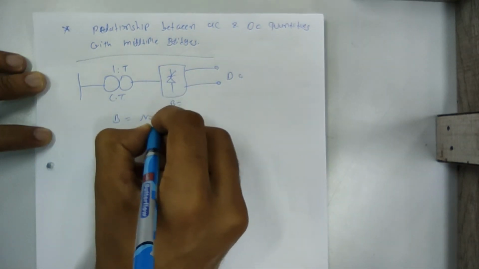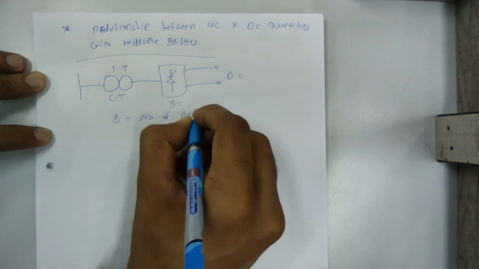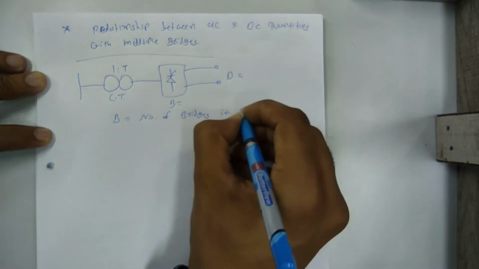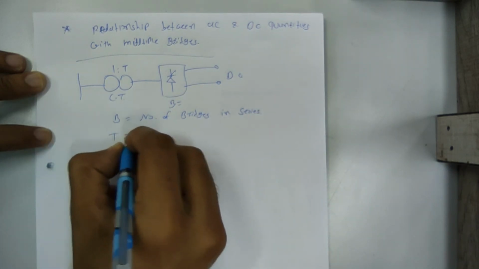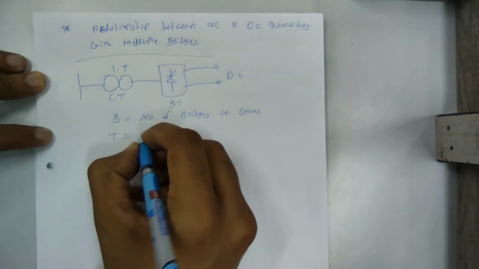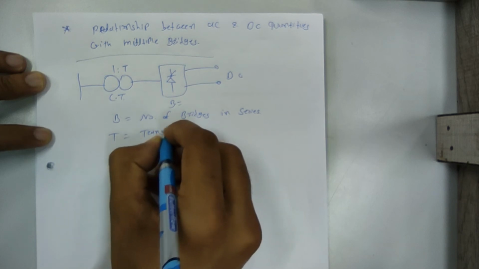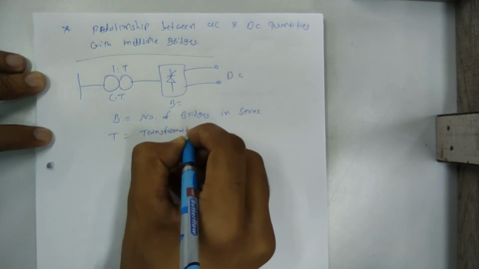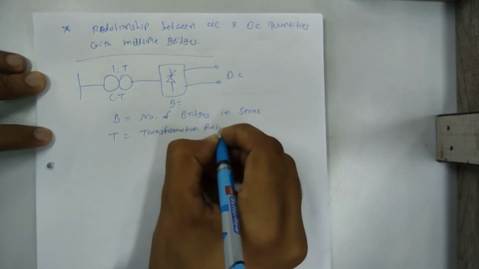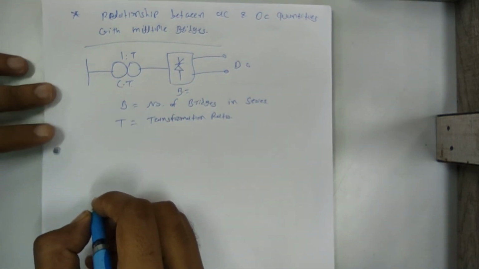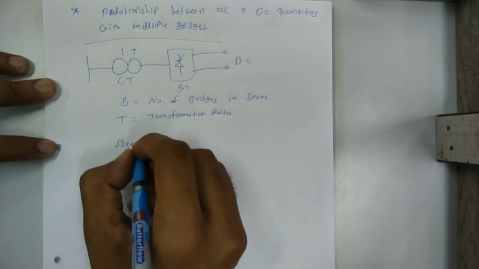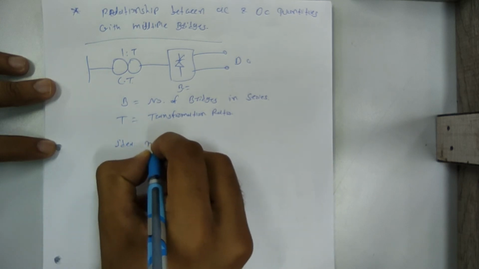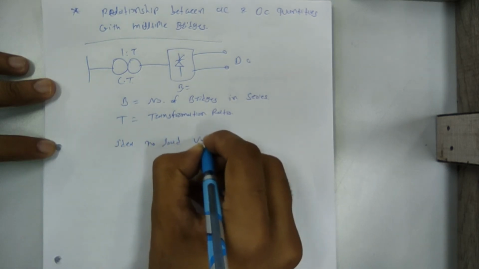B is nothing but the number of bridges in series connection. T is the transformation ratio because it is 1:T. Now as we know, we have derived the equation of VD0, the ideal no load voltage.